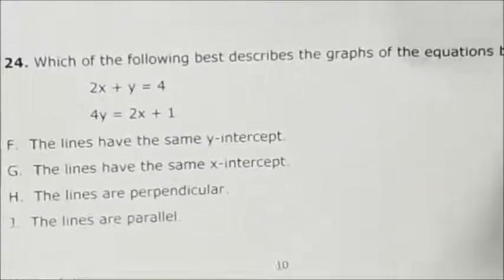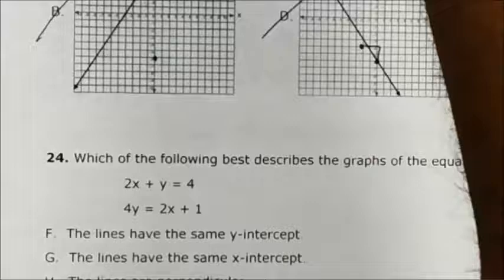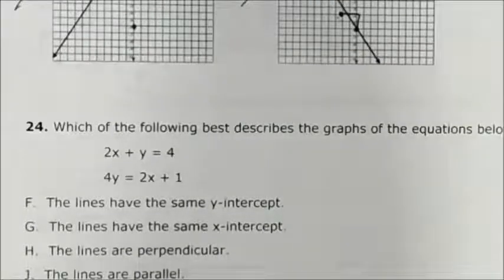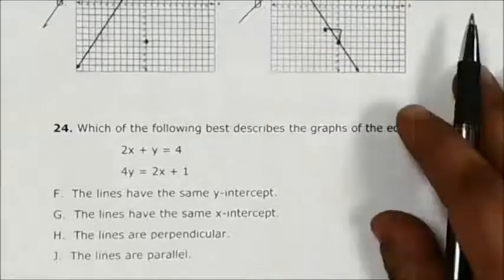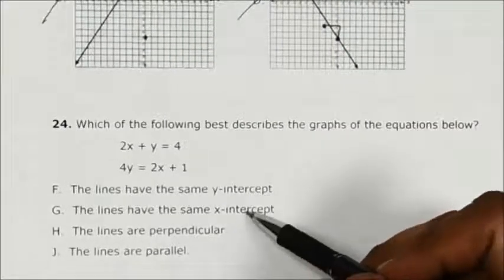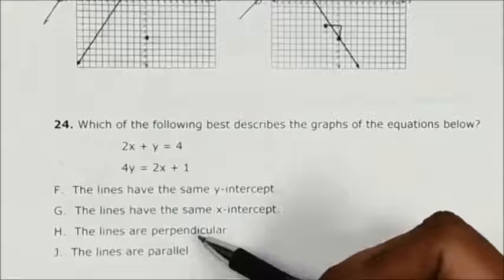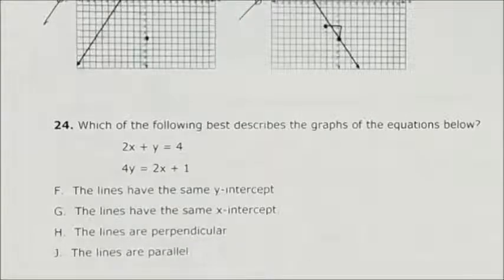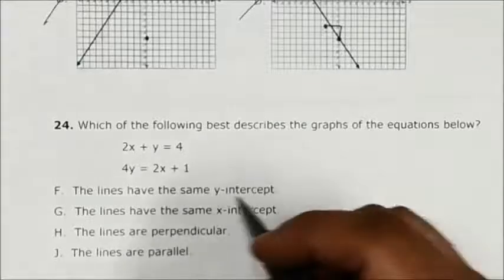Now for number 24, it says, which of the following best describes the graphs of the equations below? It's looking at the y-intercept, x-intercept, and parallel versus perpendicular. So what I want to do is rewrite these two equations, solving for y.